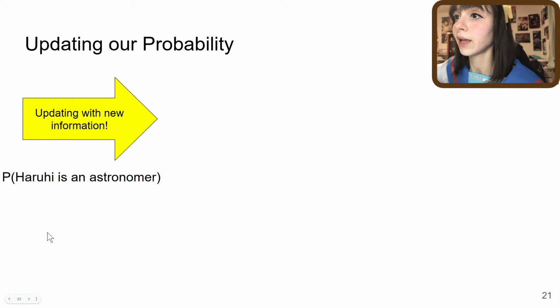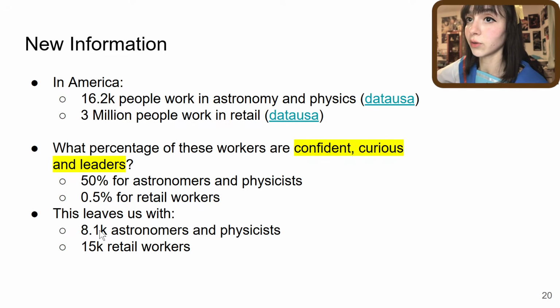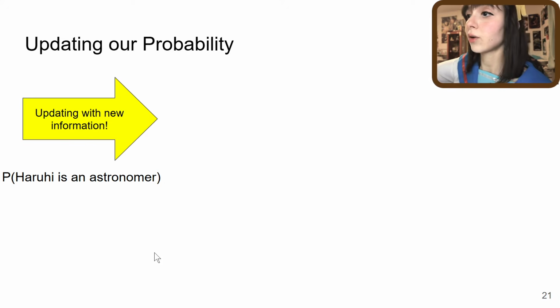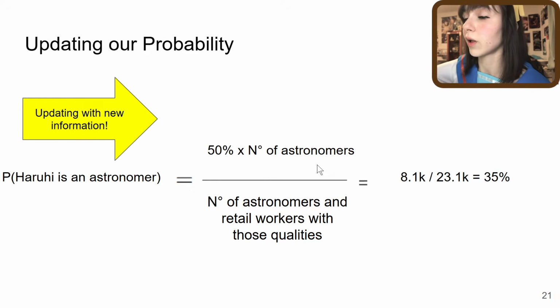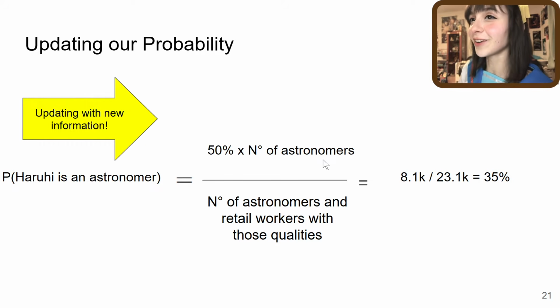So basically adding these two numbers of 8.1 thousand and 15,000 retail workers. So we add all the people that have these qualities and we divide the total number of astronomers by the probability that they have these qualities, and we arrive at a probability of about 35% that Haruhi is an astronomer, which is actually surprisingly close to what you guys voted.